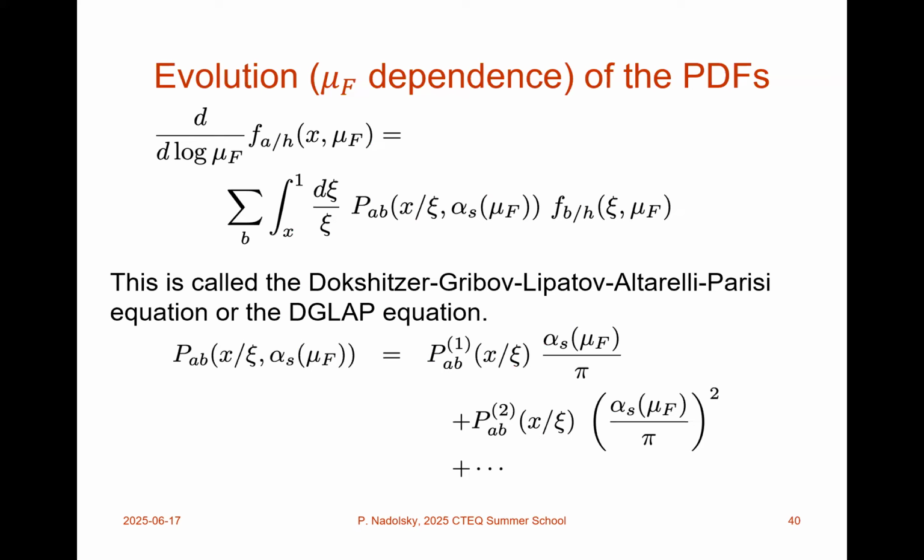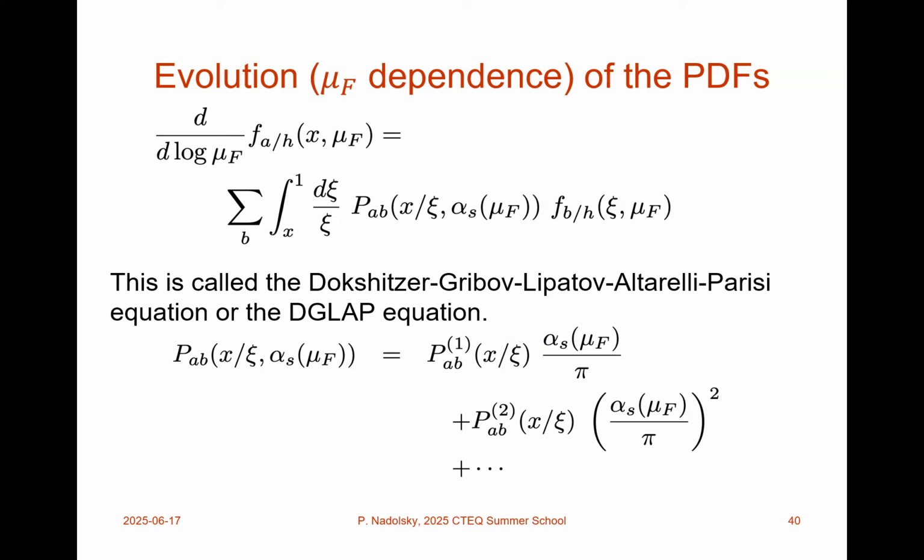In fact, there is not just one equation; there are dozens of the DGLAP equations, Dokshitzer-Gribov-Lipatov-Altarelli-Parisi, that describe the dependence of PDFs on μf. The way these equations work, you can calculate the derivative of f with respect to the log of the factorization scale.